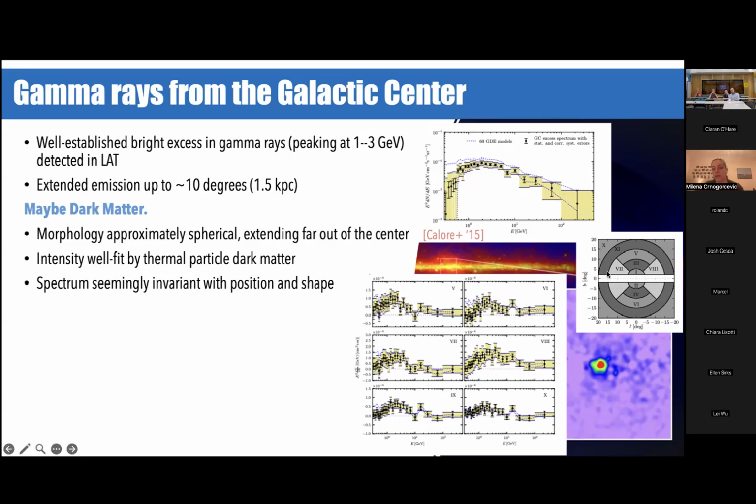So this diagram here shows you the galactic center and different regions considered. And then on the bottom here, we see that this peak persists from different regions in the galactic center volume.